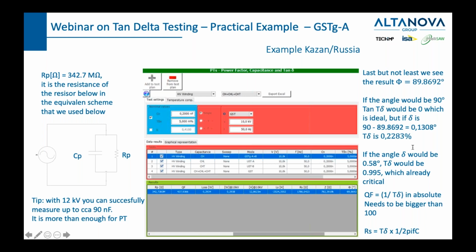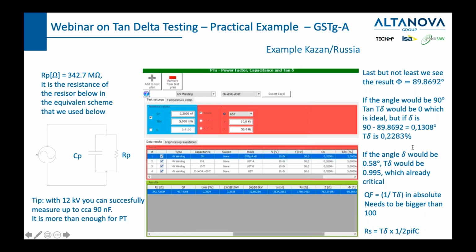I'm not sure what the other devices actually measure, but they don't measure tan delta. With the ground tester, you test if the grounding connection is okay, and with tan delta, you do measure current running to the ground, but these are two separate tests. So it's better to use the TDX 5000 for this measurement.